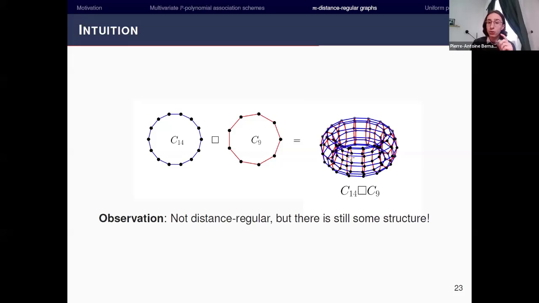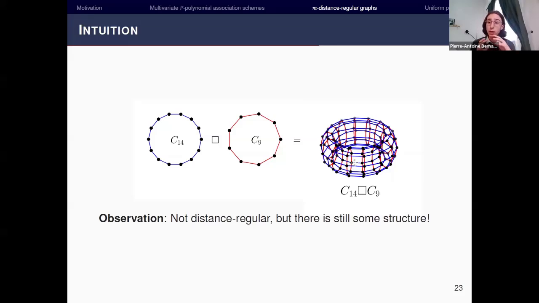So it does not only depend on the fact that x and y are at distance 1, but also on the coloring of the edges. So it's not distance regular because it depends on something else than their distance, but there is still some structure remaining, right? I mean, this graph still has some symmetry, and it does not depend exactly on the choice of x and y. It only depends on their distance and the coloring of the edge between these.